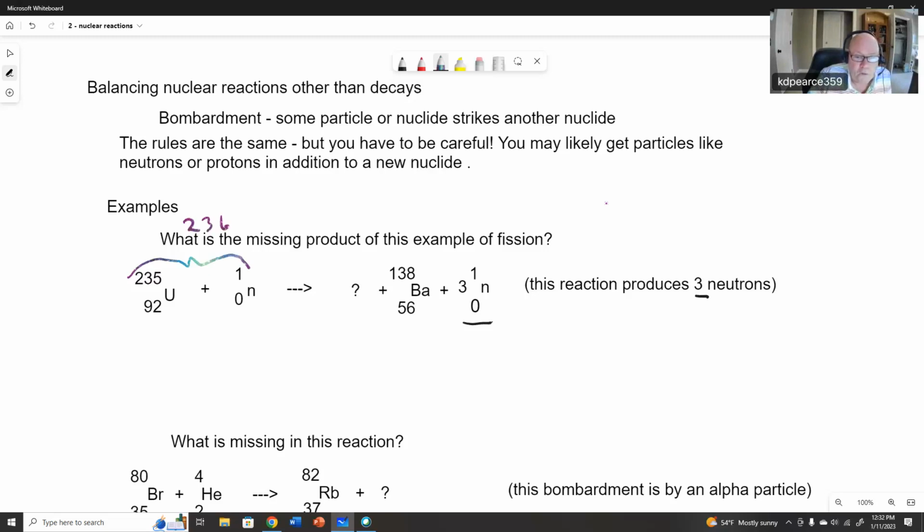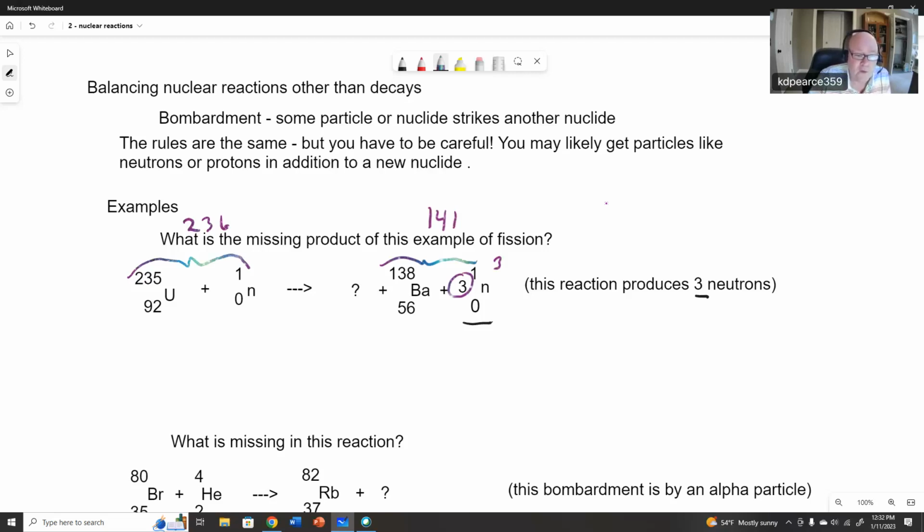And then we look over here and we have 141. Now it's not 139. It's an easy mistake to say it's 139. But remember, we have 3 neutrons times 1. That gives me 3 on the top. So plus the 138 actually gives me 141 on the right-hand side.